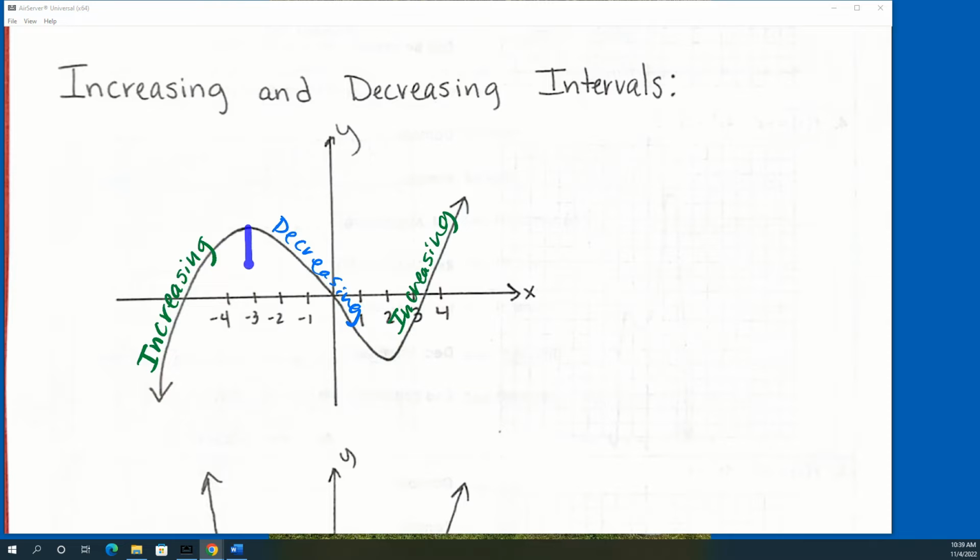What would you guess that is? Okay, so we're going to say x is -3 at this maximum. What about this minimum? What x would you say? 2.